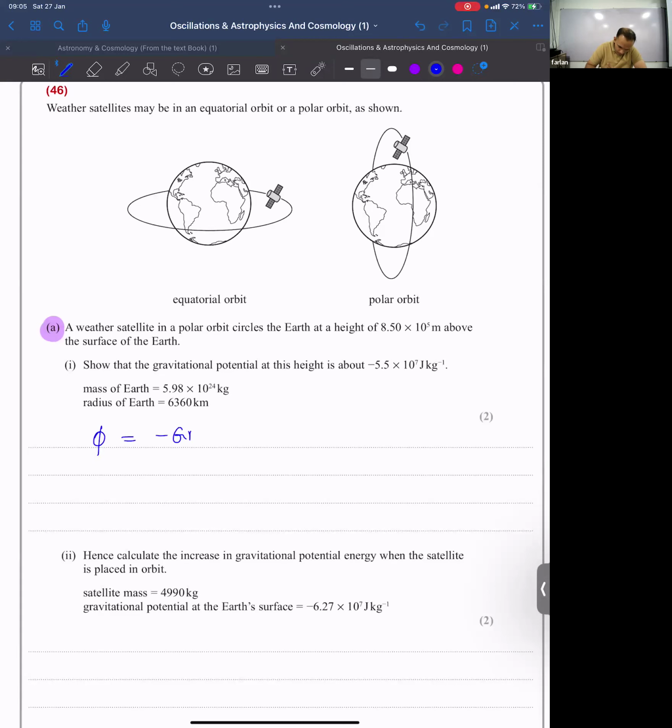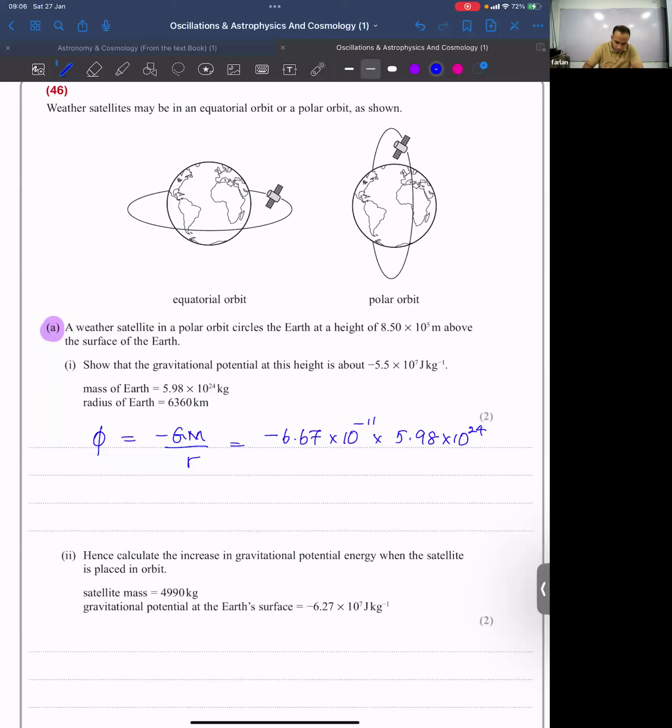minus G m over R. What is the value of G? 6.67 into 10 to the power minus 11. Mass of the Earth is 5.98 into 10 to the power 24.